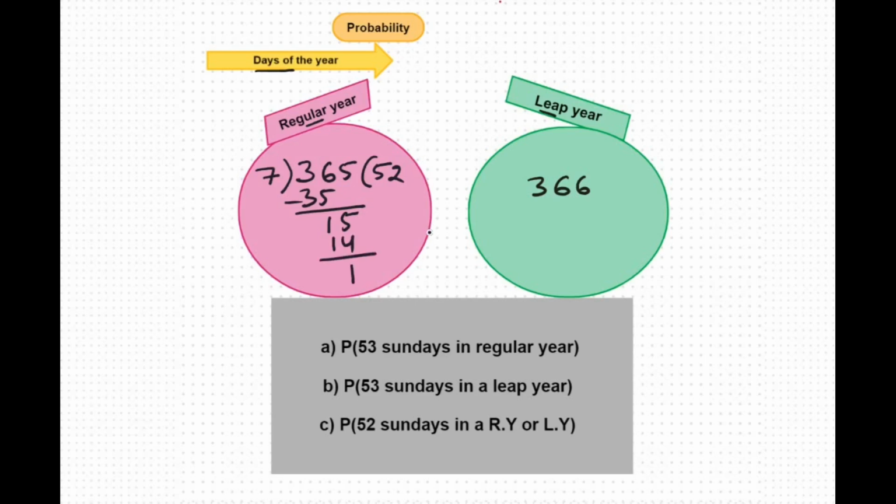So a regular year has 52 weeks and 1 extra day. Coming to a leap year, when we divide 366 by 7, we will get 2 as a remainder. That means a leap year has 52 weeks and 2 extra days.